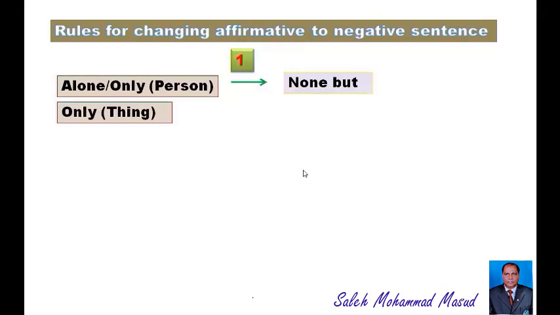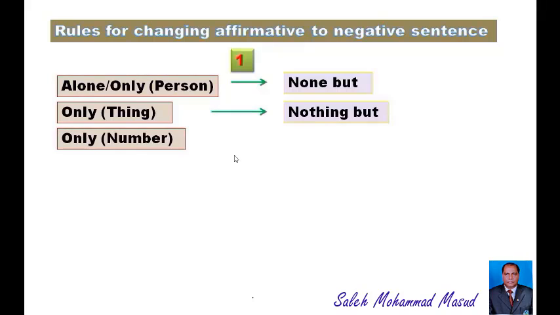Only, if the term points to any object, it is replaced by nothing but. And the same word, if it indicates any number, we use not more than, replacing the word.